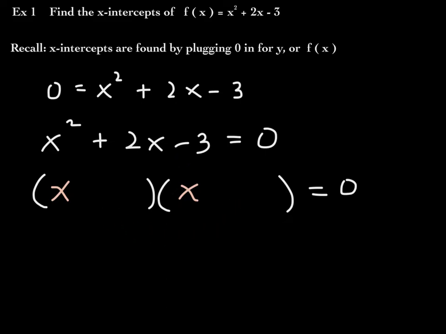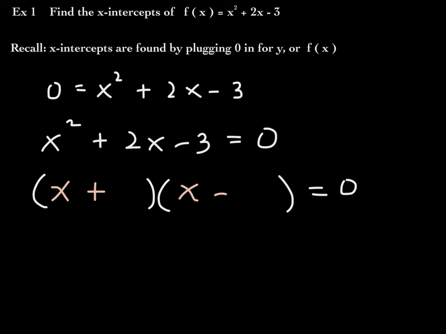So just by looking at this sign right here, because it's negative, that tells me that these two terms must have different signs so that when I multiply them, I get a negative product. If the signs were the same, I would get a positive product, and that's not what I have here for the last term. So I know that one of them will be a plus sign and the other one will be a minus, so that a positive number times a negative number gives me a negative product.